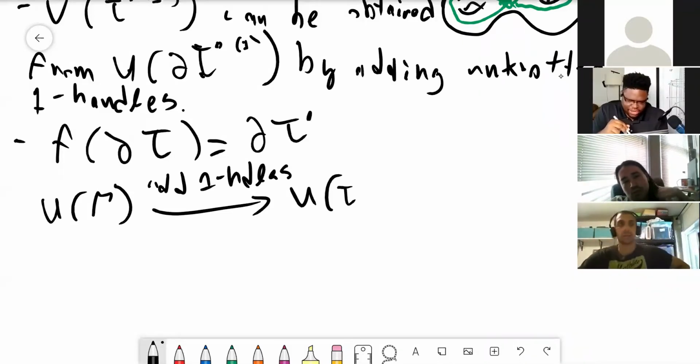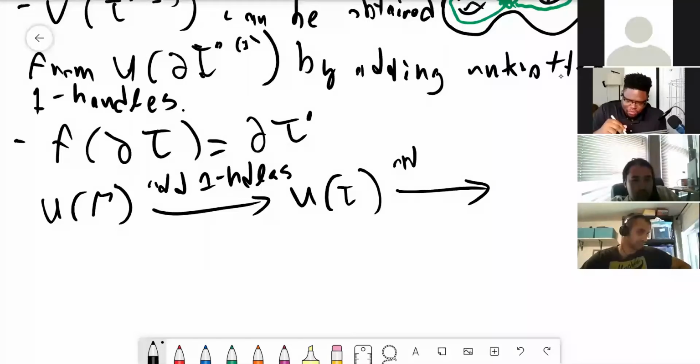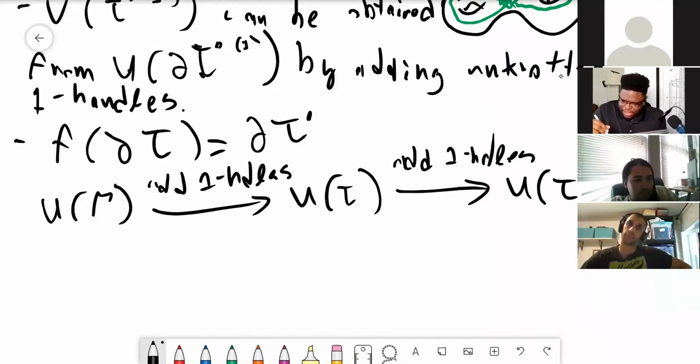And get the triangulation of H. And then once I do that, I can add more one handles. And get a neighborhood of the triangulation that you get by gluing these two together, which we can do because the boundaries triangulations match. All right, I'm going to call this T.